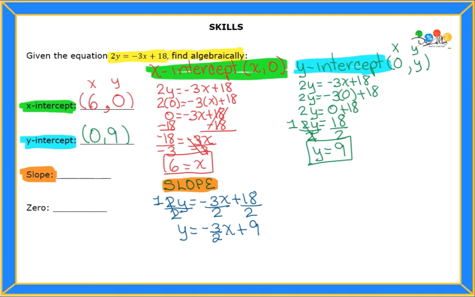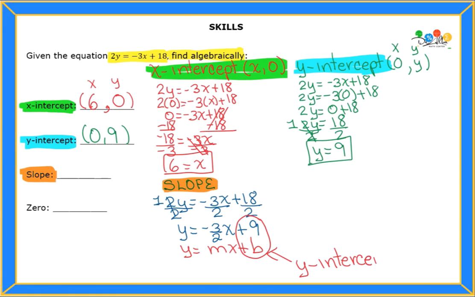Next to this, I'm going to write down the equation for the slope-intercept form, right below it, just so that it can help me identify two things. First, it's going to help me identify the b, which is my y-intercept.